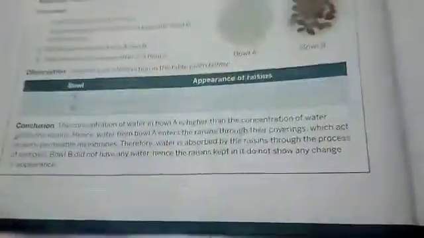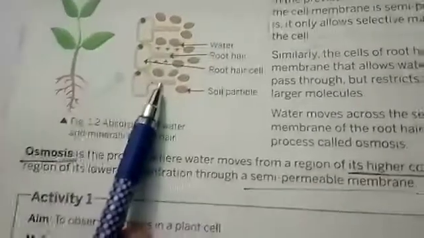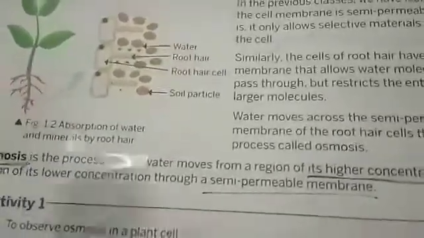Hope you have understood. Now next we come to how absorption of minerals takes place. We have discussed how absorption of water takes place, that is by the process of osmosis. Now coming to the next part, how absorption of minerals takes place.